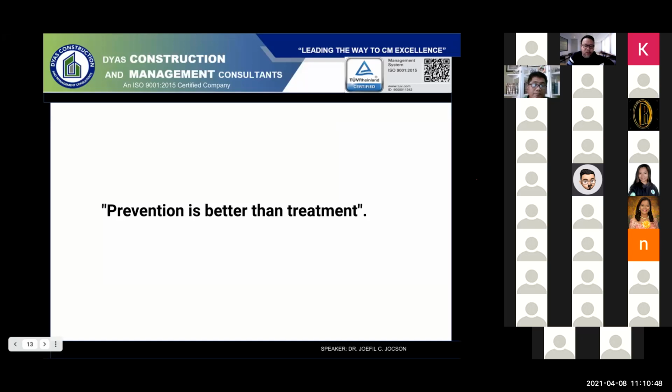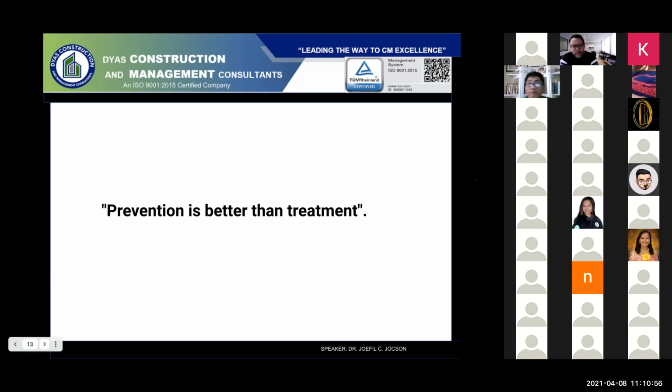Okay. Ito nga may sinasabi nga natin. Sabi is prevention is better than cure or treatment. Tama nga naman ito. This is very timely for the defects or manifestation of defects during construction that if you have a competent engineer at that, the defects will be prevented.